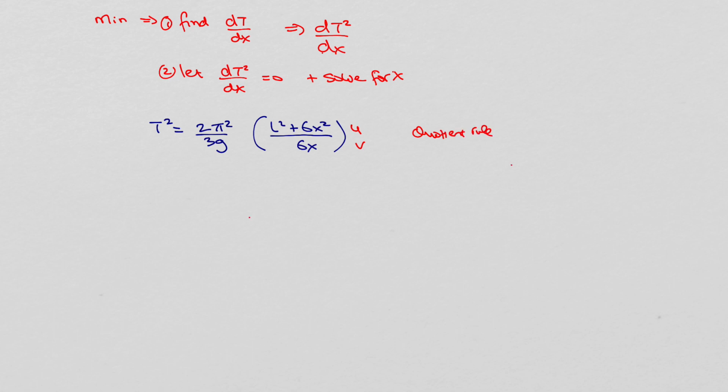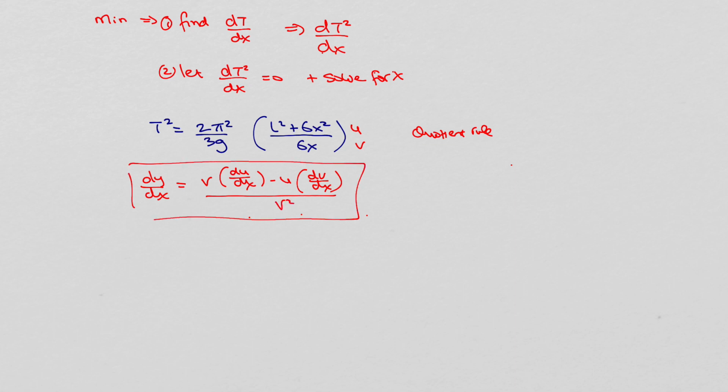Our quotient rule is dy/dx is equal to v times du/dx minus u times dv/dx, all over v squared. So rather than writing dy/dx, we're going to be saying dT squared/dx is equal to, and 2 pi squared over 3g is just a constant, so we're just taking that out. So we're just differentiating this bracket, L squared plus 6x squared over 6x.